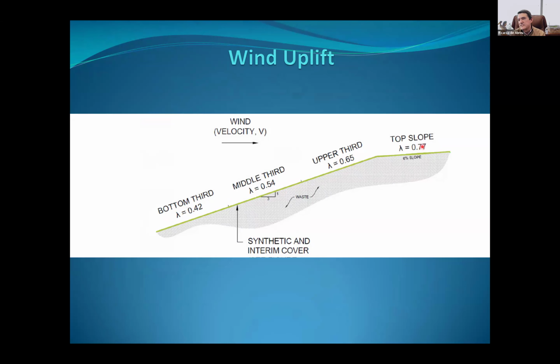It's going to be higher when you get close to the top of the slope. I think that's common sense: you have more wind, so you can cause more wind uplift of the geomembrane at the top than at the bottom. That's what the lambda factor represents, okay?